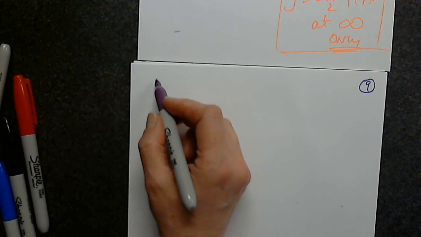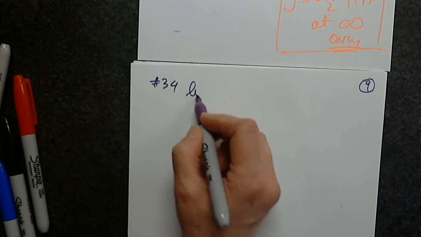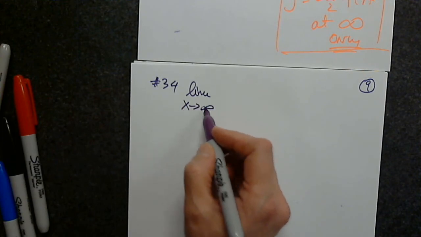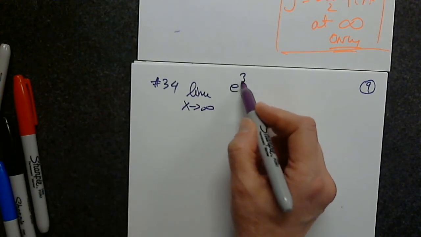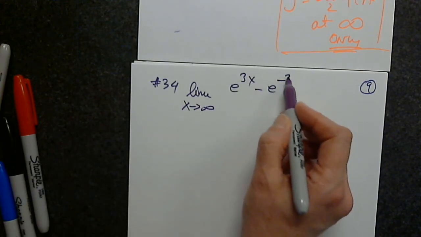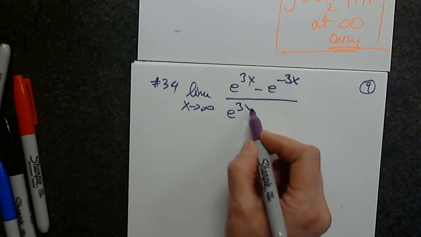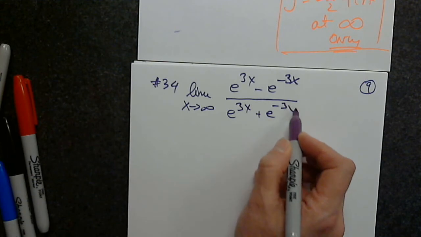Yes, I don't mean to torture you with all this, but there are so many different types of limits and so many different techniques. So in 34, it's the limit as x approaches infinity of e to 3x minus e to negative 3x divided by e to 3x plus e to negative 3x.